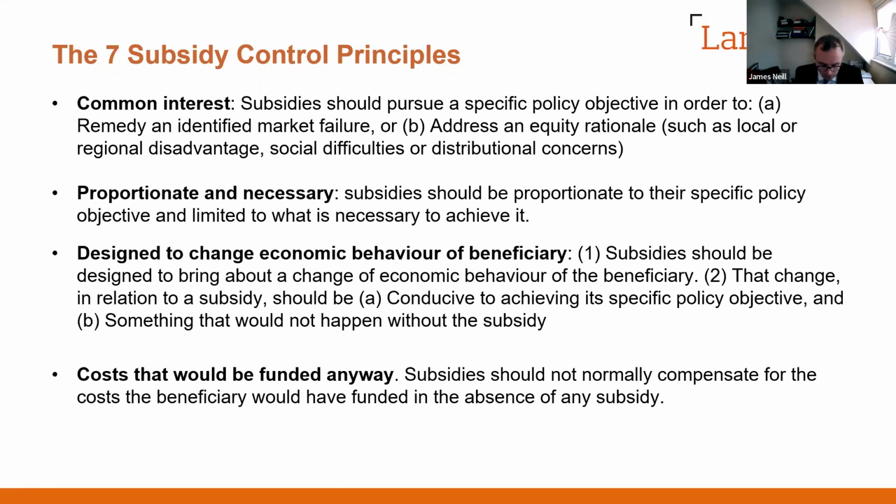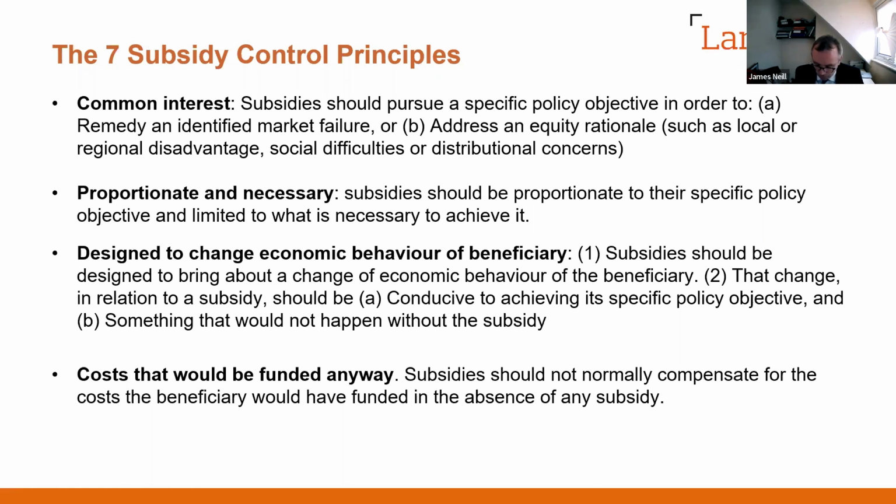Subsidies have to be designed to change the economic behavior of the beneficiary, and that change should be conducive to achieving its specific policy objective, and something that would not happen otherwise without the subsidy. And there's a principle of costs that would be funded anyway.